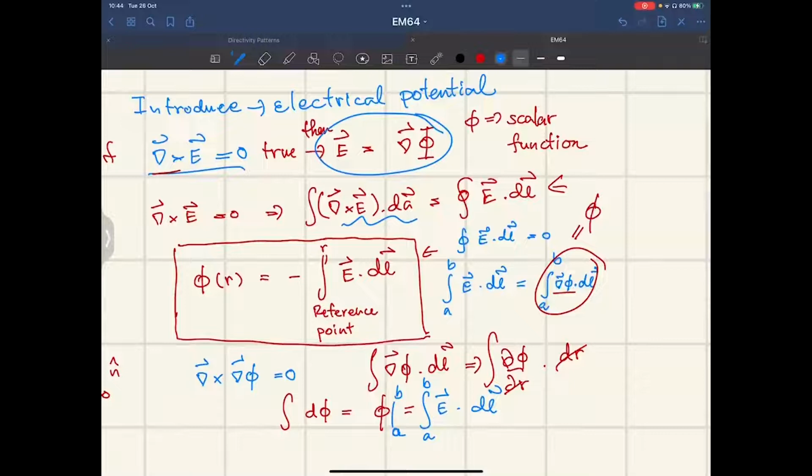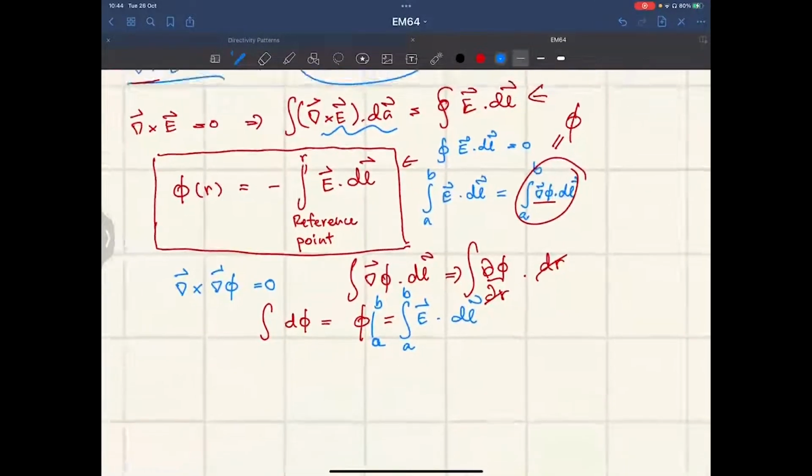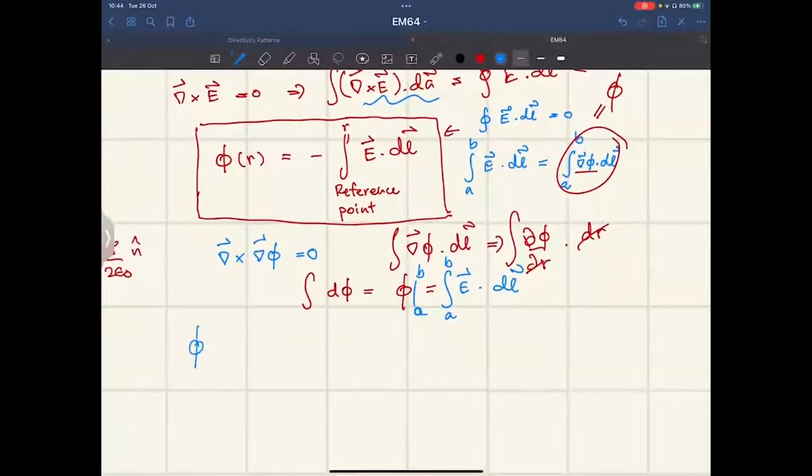Any questions? Why are you guys so quiet? Come on. We have phi B minus phi A equal to the integration from A to B of E dot dl.